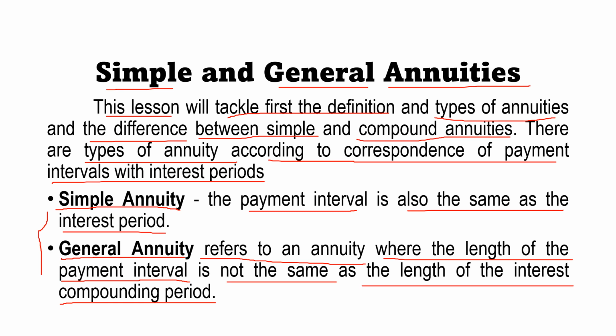For the classification of your simple annuity, it can be your ordinary annuity, your annuity due, or your deferred annuity, while in your general annuity, there are three classifications: your general ordinary annuity, your general annuity due, and perpetuities.